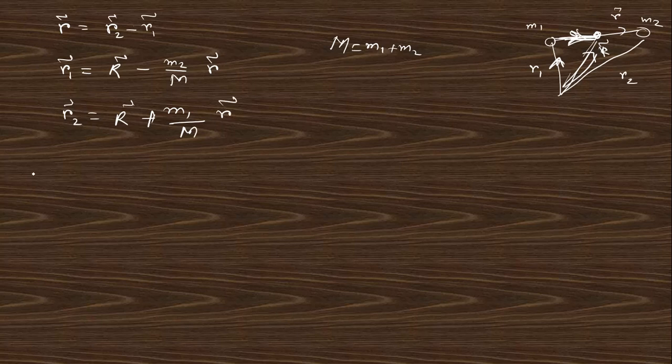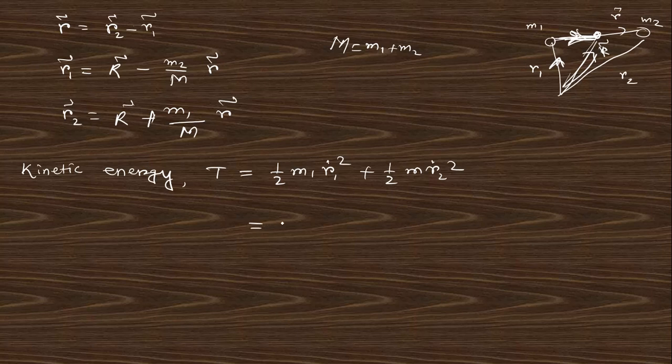So the kinetic energy of this system is half m1 r1 dot square plus half m2 r2 dot square. This is the kinetic energy of the first particle m1, and this is the kinetic energy of the second particle.